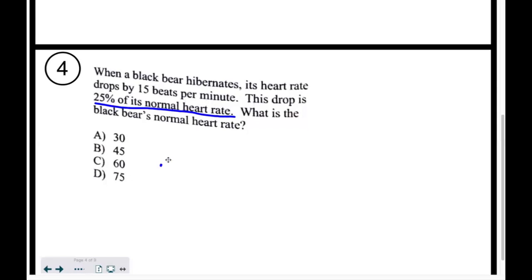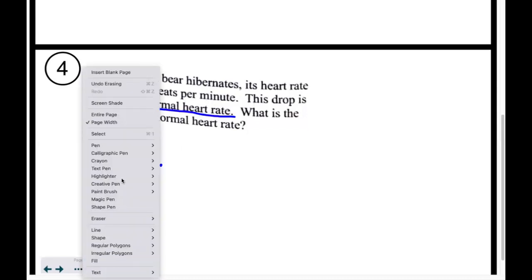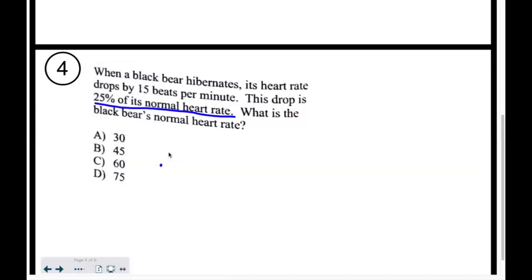So 25% of it is, whoops, not 0.5, it is 0.25. So 0.25, so 25% of its normal heart rate is this 15. Right? So that's really important that it's not 25% less or 25% greater.